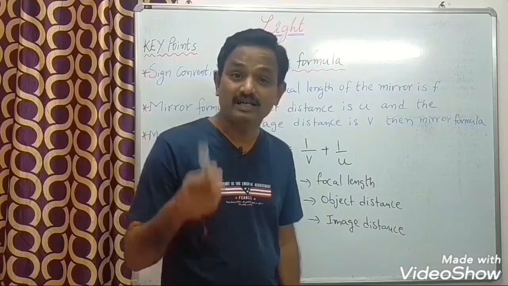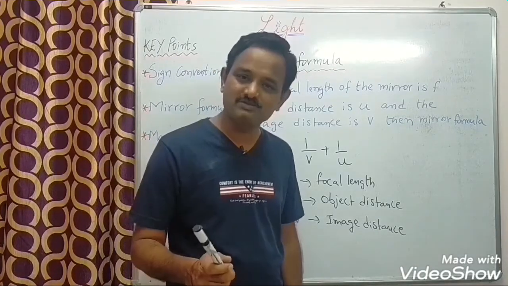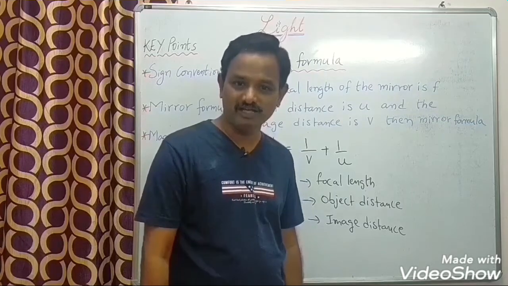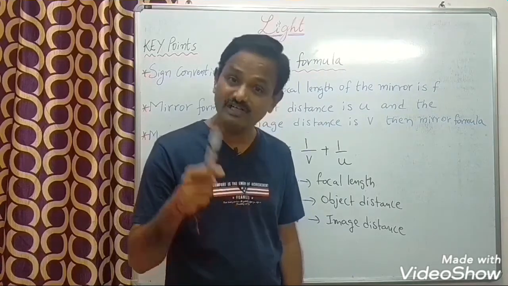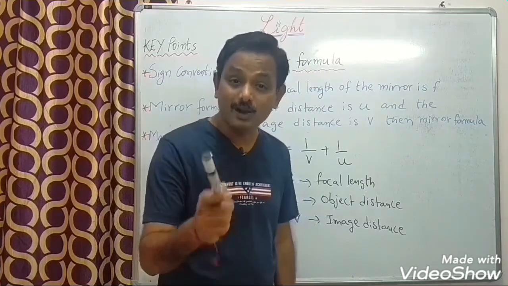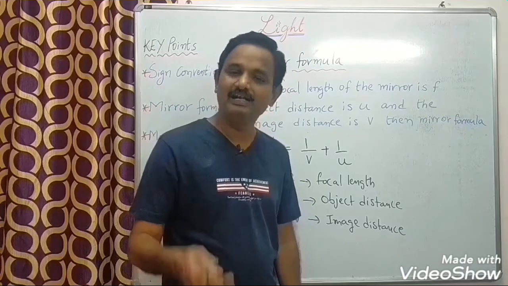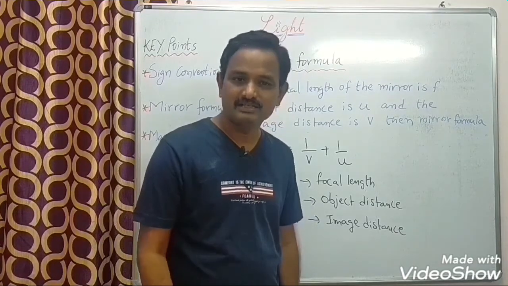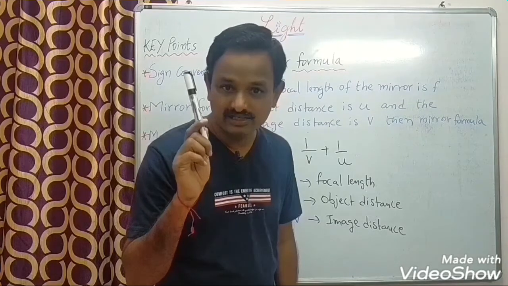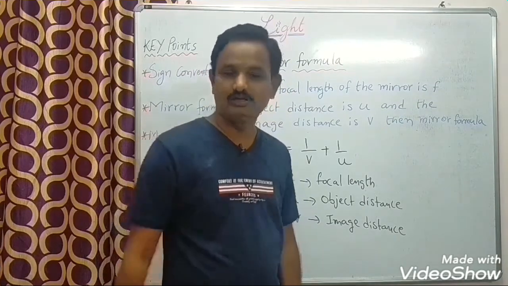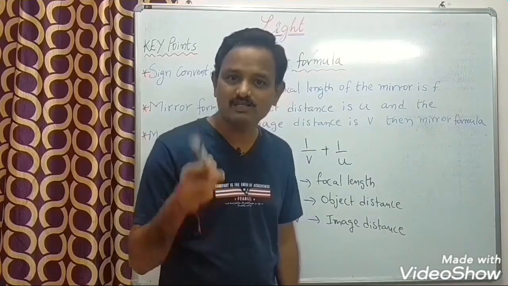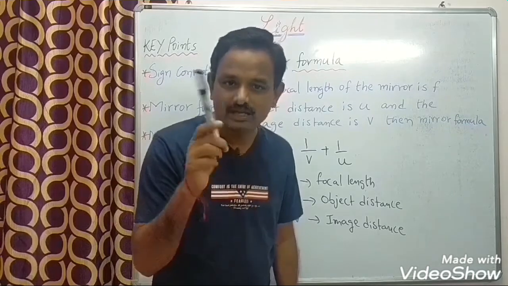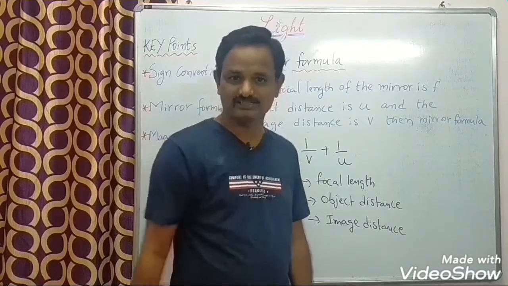If it is a real image, the image distance will be negative, because it is in front of the mirror, along the negative x-axis. And if the image is virtual, then it is positive, because a virtual image forms behind the mirror along the positive x-axis.